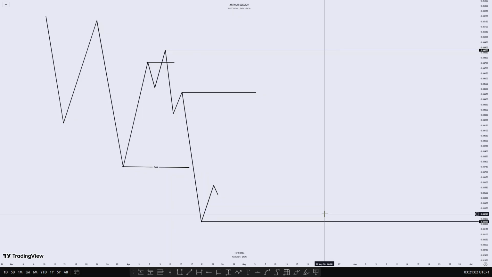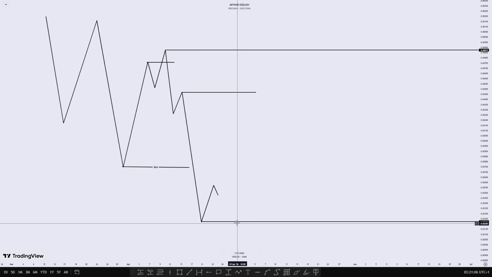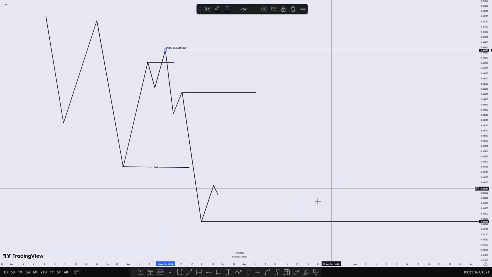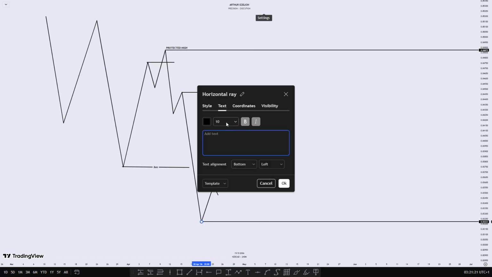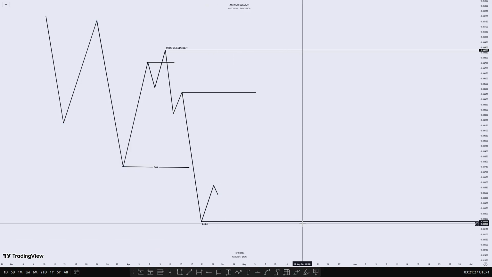All right, so if this is now our protected high, and this is our low resistance liquidity run, we are expecting price to do its thing, and this is the place we're expecting price to take out.